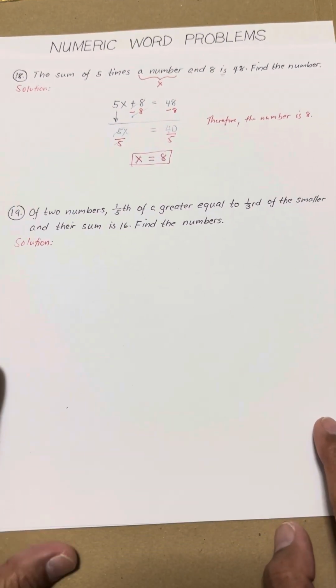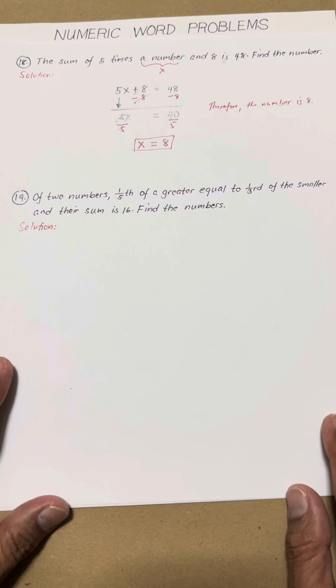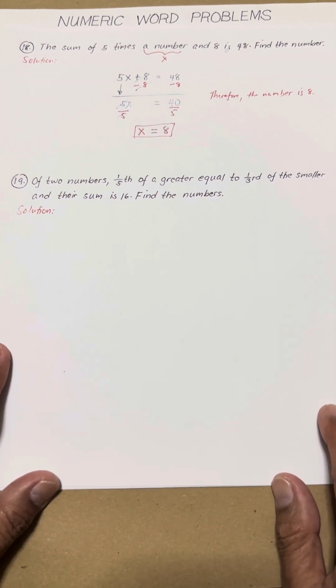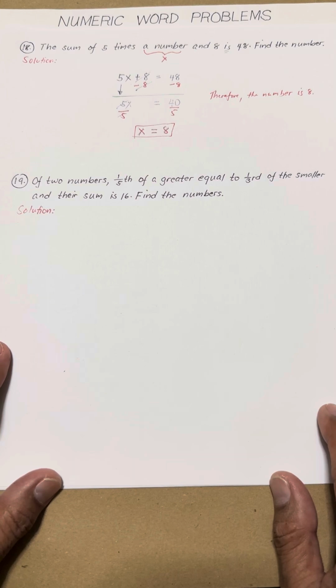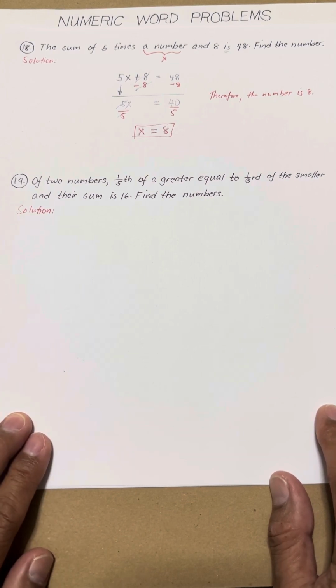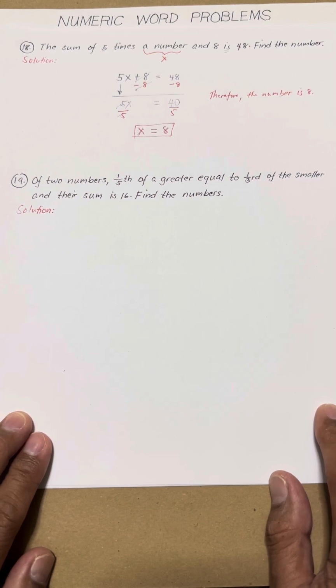So let's go to the next problem. Our next problem: of two numbers, 1/5 of the greater equals 1/3 of the smaller, and their sum is 16. Find the numbers.